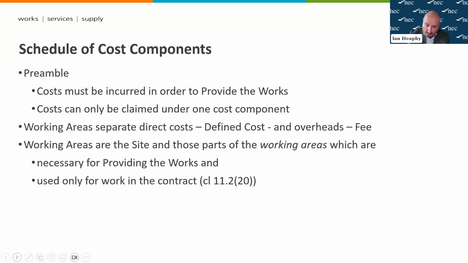So dedicated 100% to work under this contract, which means things like head offices, shared offices or depots cannot be classed as working areas. And that's relevant when we look at the next slide around people costs in particular.